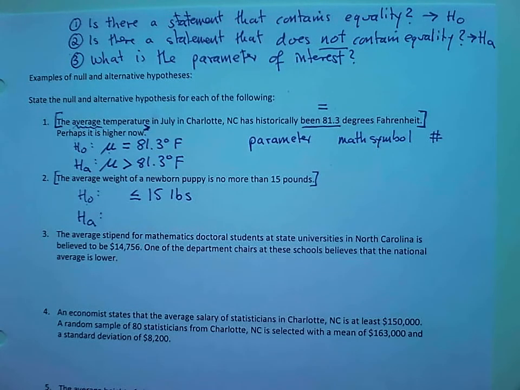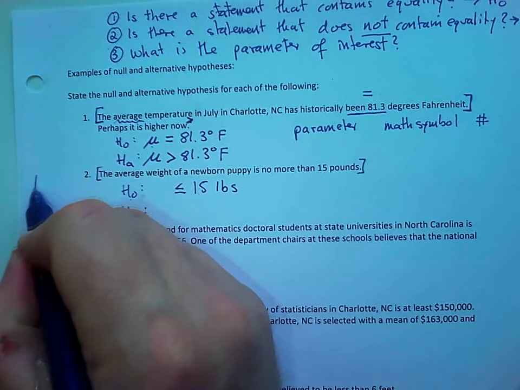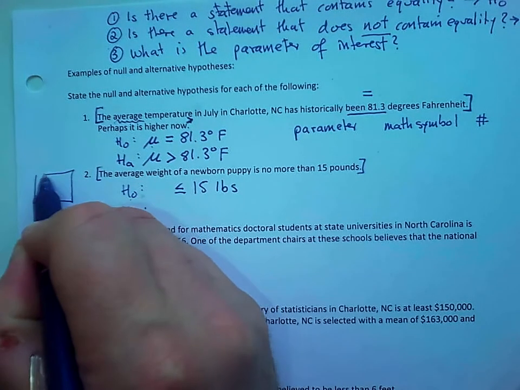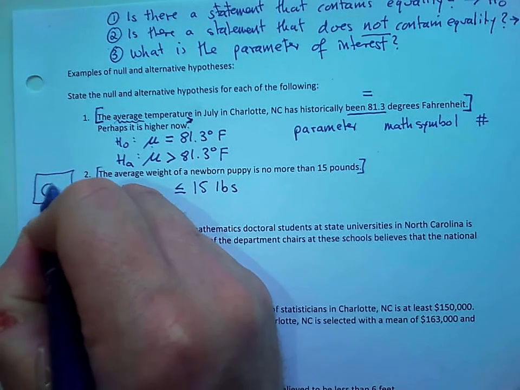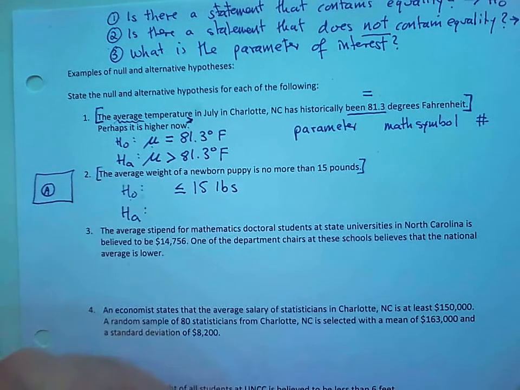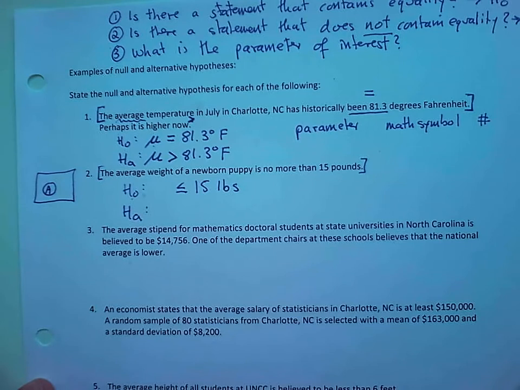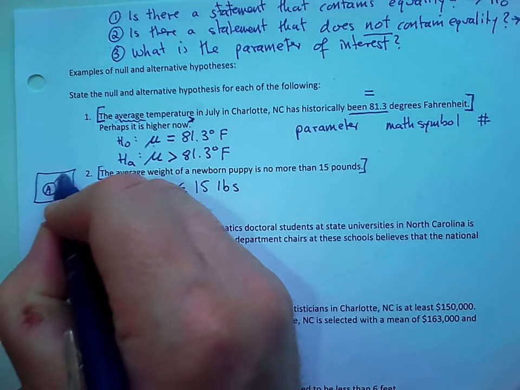Remember now back to chapter 3. We talked about complements. In chapter 3, we had these Venn diagrams. We said that we had an event A. What's the complement of event A?